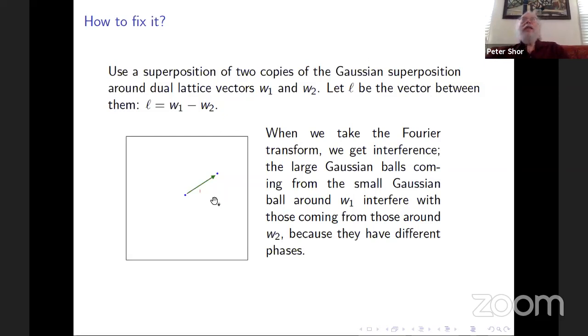And now when the counterfeiter produces these, then either the average of the left balls will not be centered at the dual of the lattice point, or the average of the right balls will not be centered at the dual lattice point, because we know that the difference is not exactly a dual lattice vector, but something close to it, but differing by this radius of the small ball.